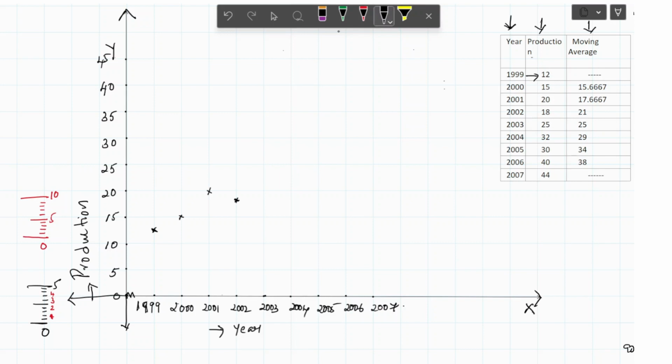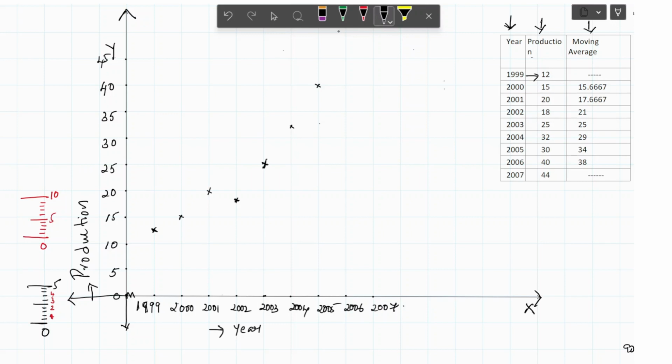That means here this is going to be 25. Okay. The next 32, after 30, 31, that is 2004, right? 2004 is 32, somewhere here, 32.